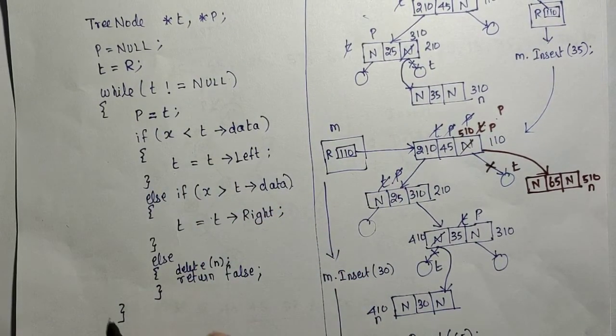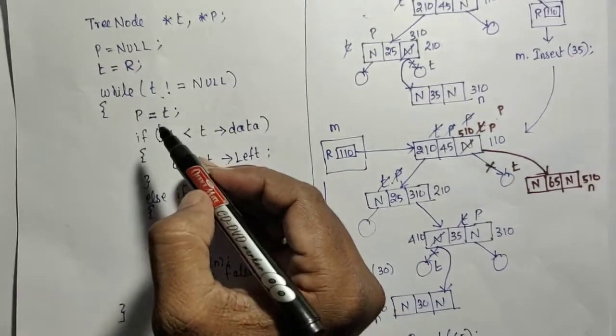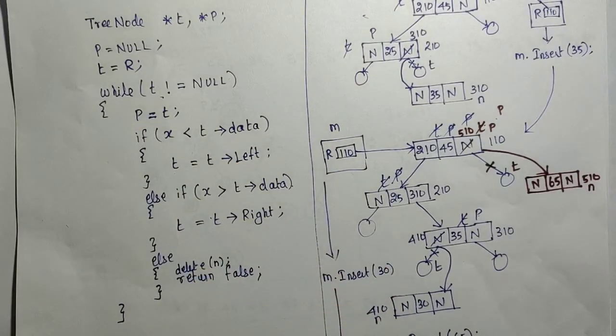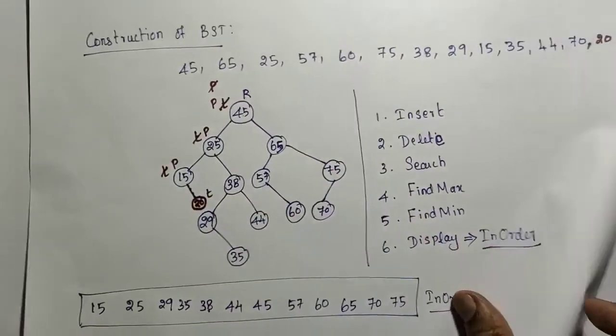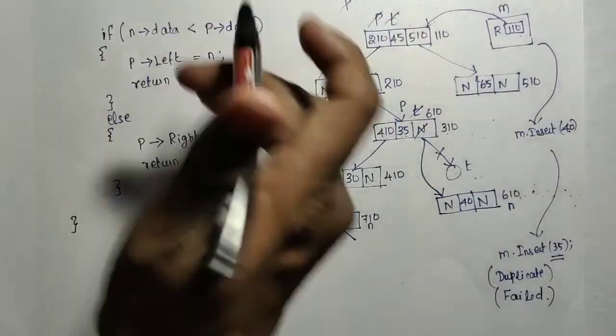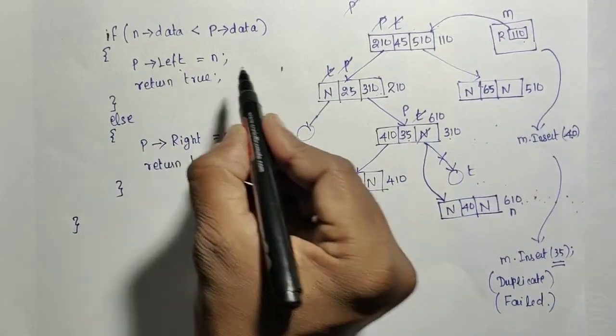So when t reaches null, we will find the node to which the new node is going to be linked. That node is nothing but p. So I have to link the new node with p.